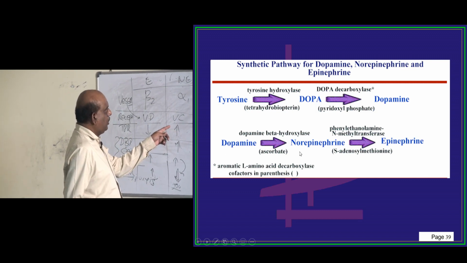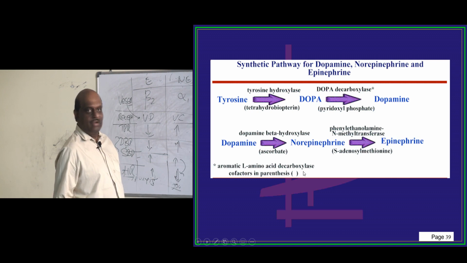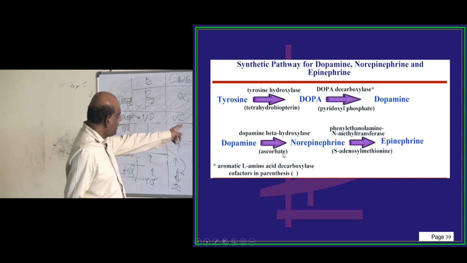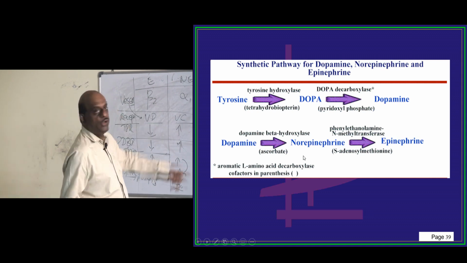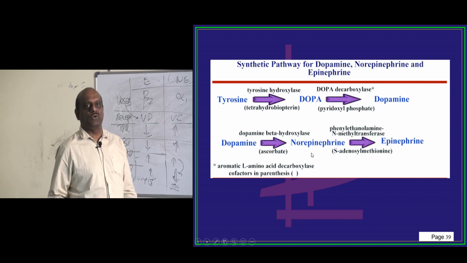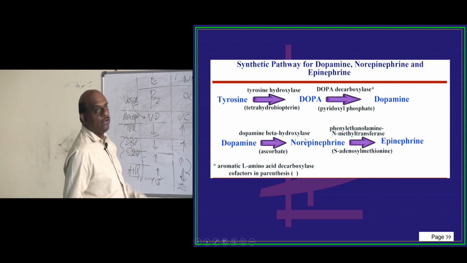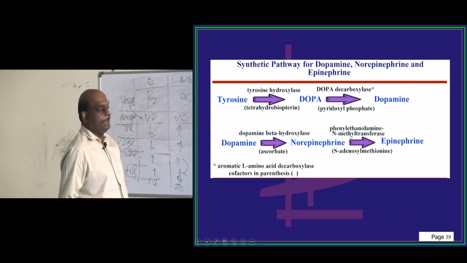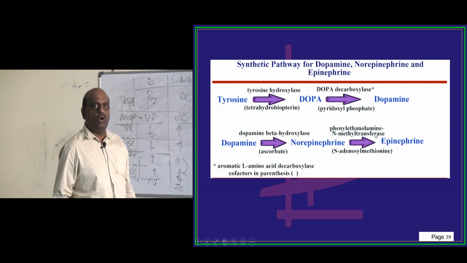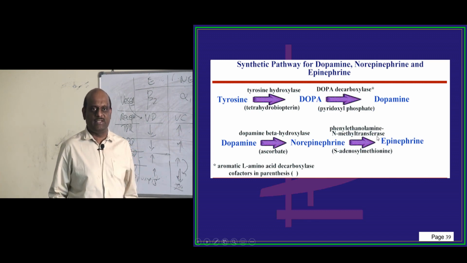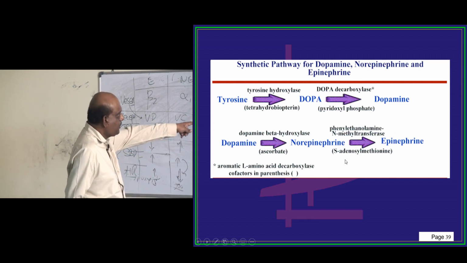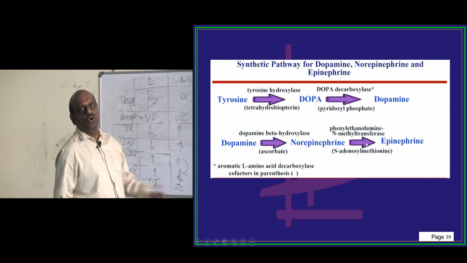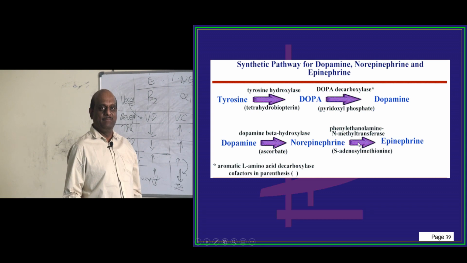Dopamine becomes norepinephrine. For that you require dopamine beta hydroxylase, and for that hydroxylation you have vitamin C, ascorbate, as cofactor. Norepinephrine becomes epinephrine by the action of phenylethanolamine N-methyltransferase, and for that you have S-adenosyl methionine, which is the methyl group donor, is what you need to remember.